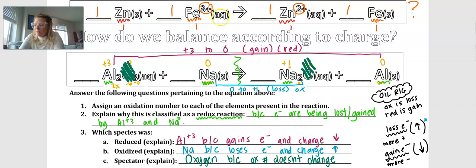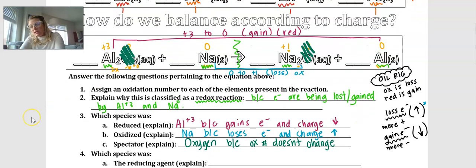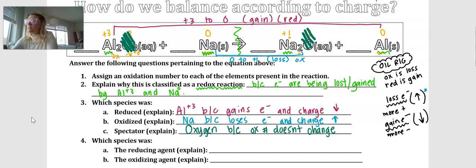From there, which species is the reducing agent and which is the oxidizing agent? So reducing agents are going to be what makes reduction possible. Now, oxidation and reduction go hand in hand. We can't have one without the other. So in order for reduction to be possible, a species must be oxidized. So our reducing agent is always going to be the species that is oxidized.